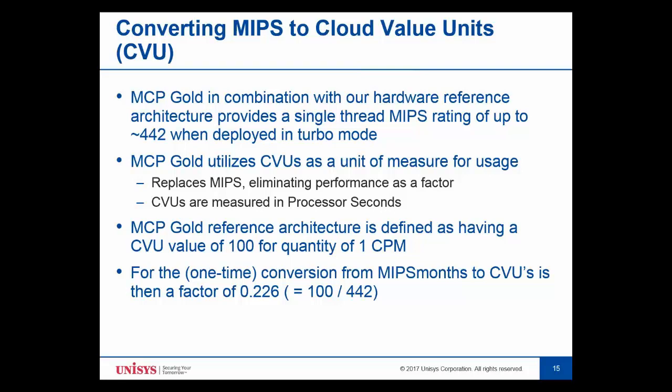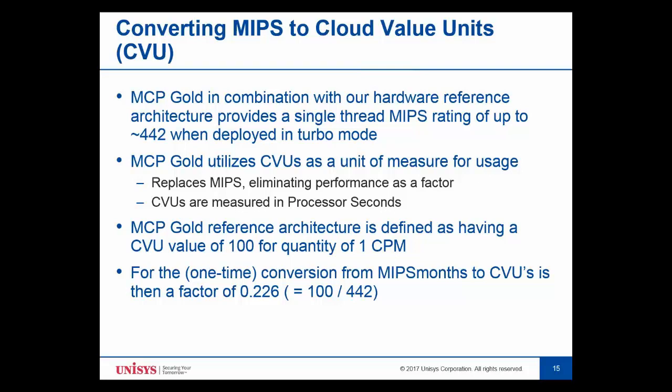It provides a single thread MIPS rating of up to 442 MIPS if it was deployed on our reference architecture exactly as we would have set it up in our lab and we would have set it up in your environment. If you ran nothing else alongside of MCP on the server and you ran it in turbo mode, we would expect the MCP Gold capacity set to give you somewhere around a single thread performance range of 442 MIPS.